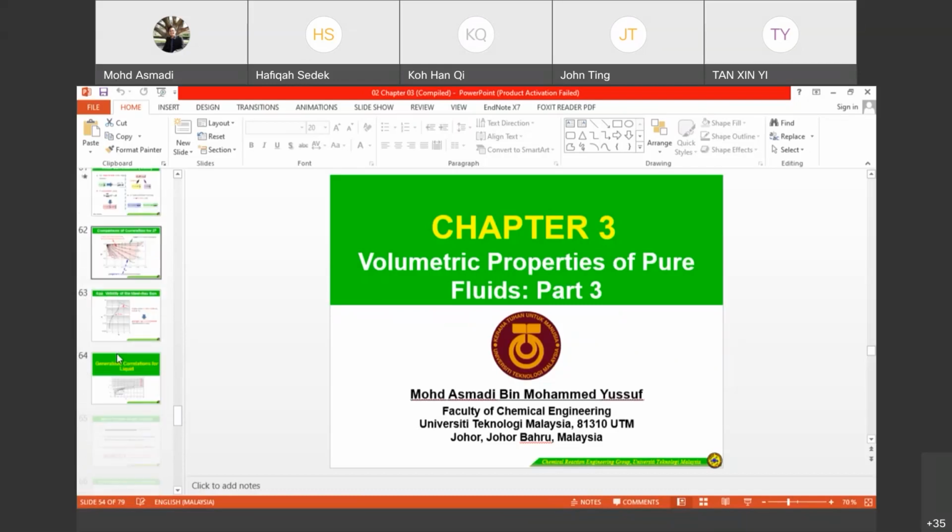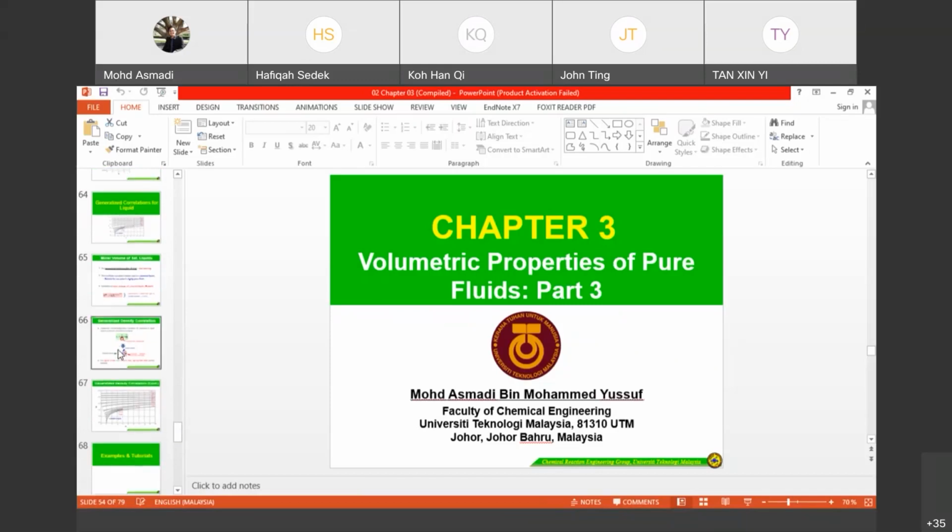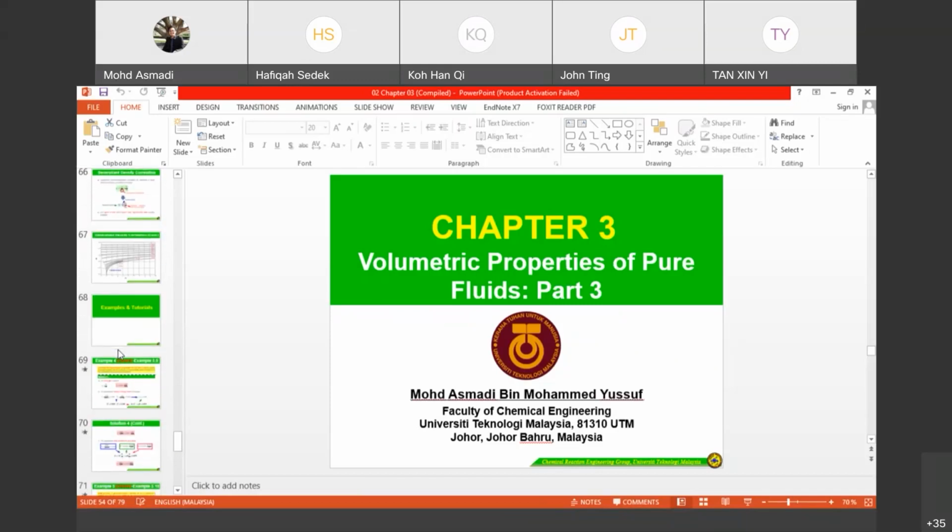Not exactly, because you already do the interpolation to determine the compressibility factor Z naught and also Z prime, as well as the parameters for the virials. You can directly substitute the values into B prime and also B naught, and substitute into the equation, so you can get the answer by using PV equal to ZRT. Okay, any questions?